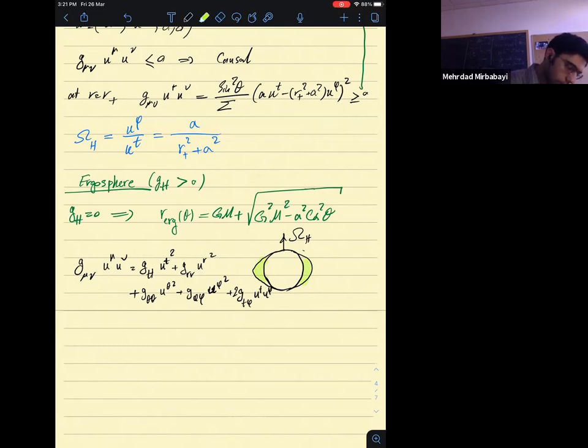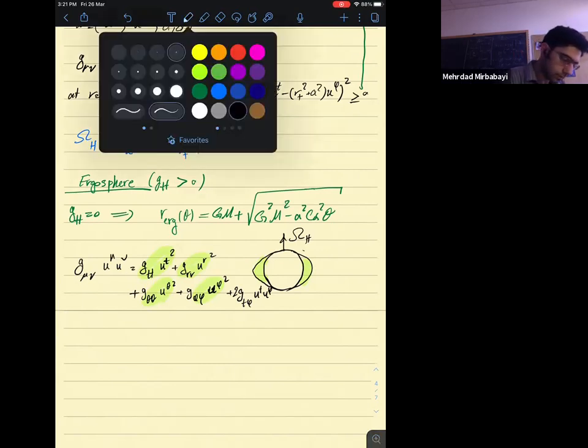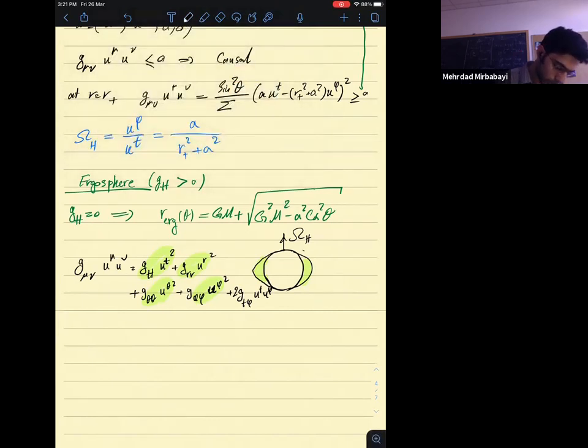Now, all of these terms are non-negative, except the last one.